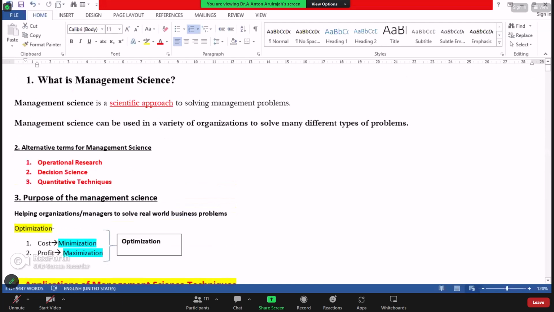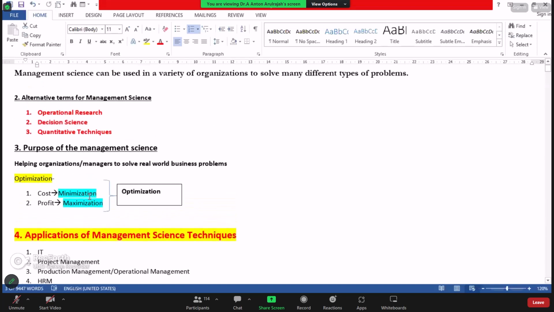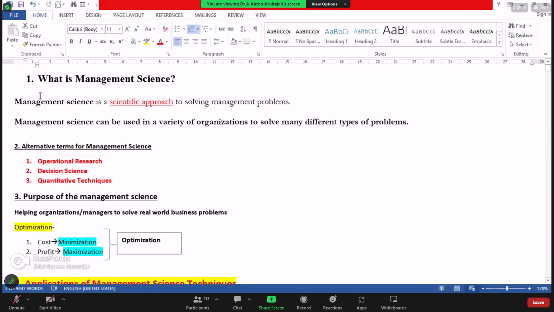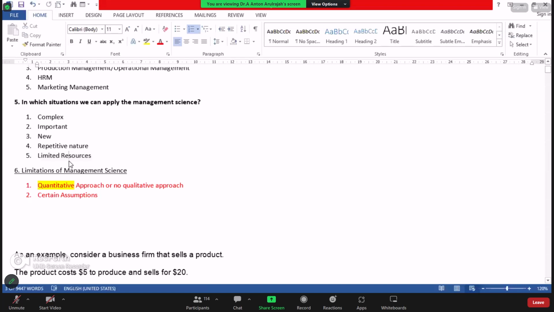Actually, management science, or operational research, started in the Second World War period, around 1940 to 1955. They used these techniques for efficient resource allocation, and later applied them to the business context.